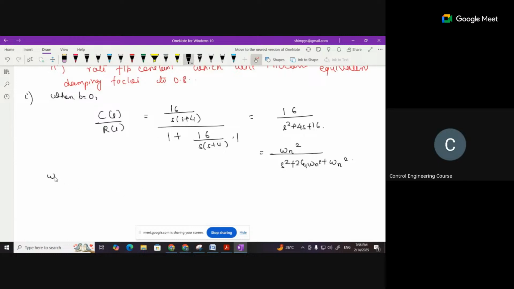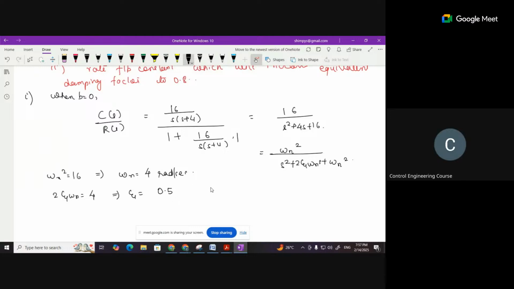So omega n square is 16, which gives omega n as 4 radians per second. That gives us the natural frequency. 2 zeta omega n is equal to 4, so how much is zeta? 1 by 2, that is 0.5, right?